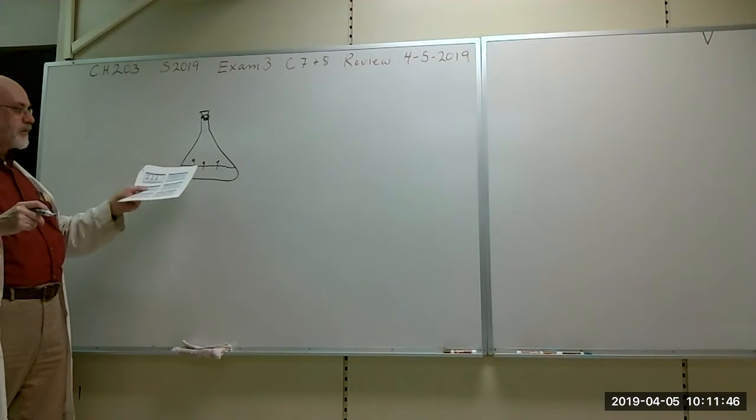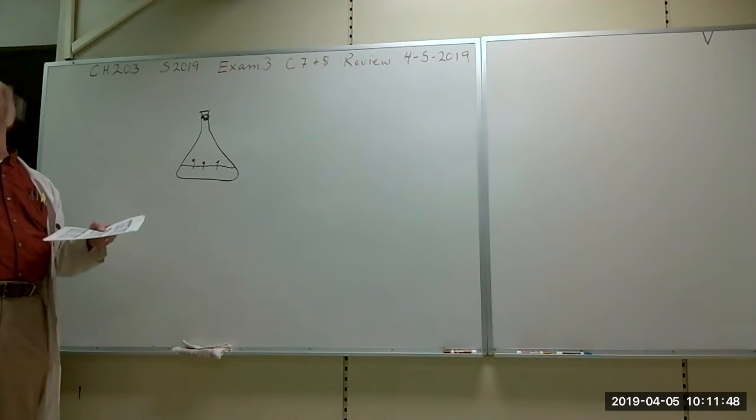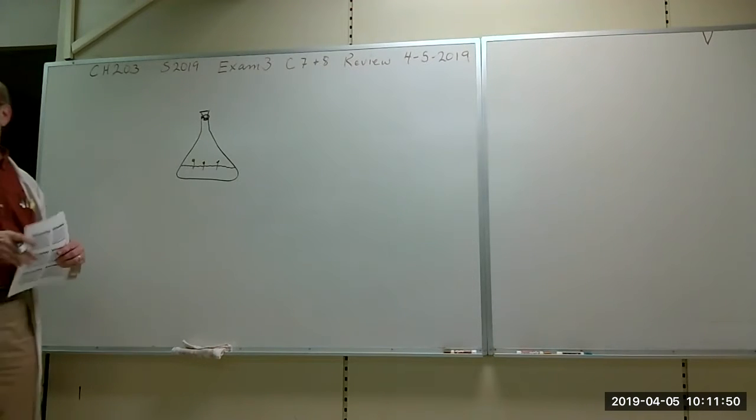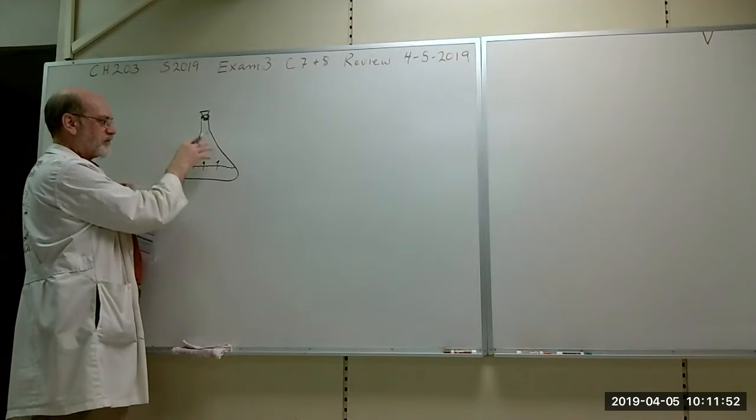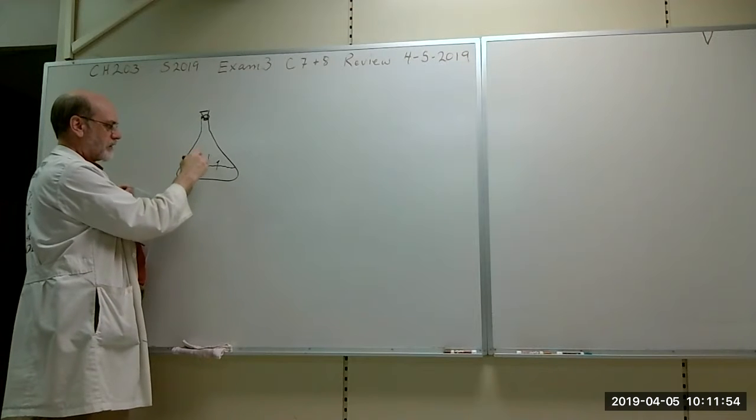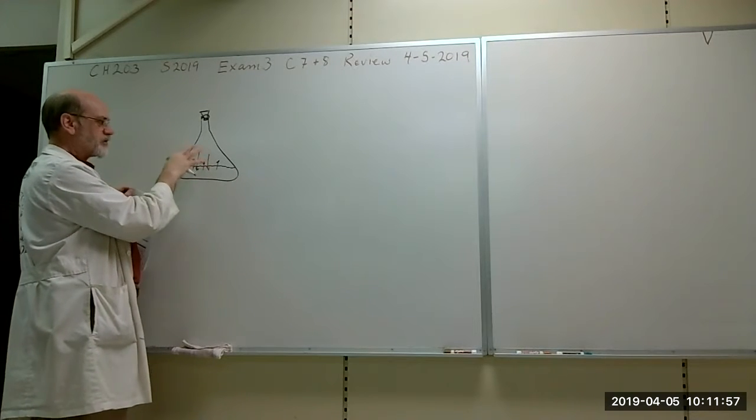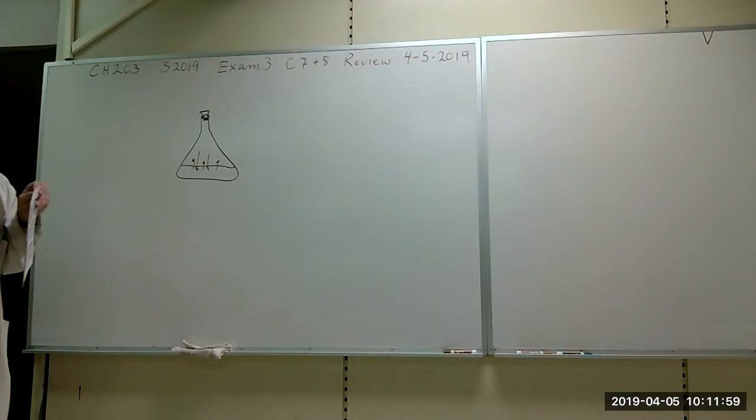Since there's none up here, when it first starts, they're all in one direction. It's a one-way street. But once you start getting more of them up here, then they start going back. So you reach a point where the evaporation and condensation happen at the same rate.